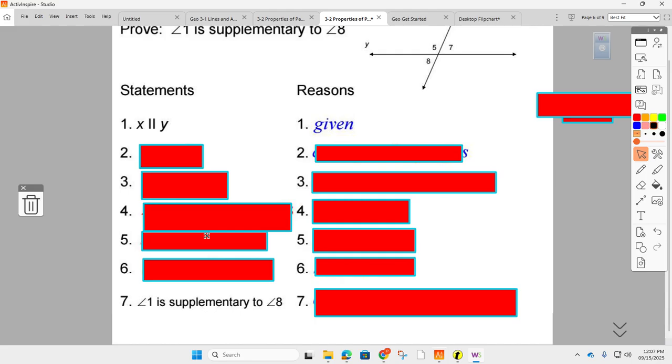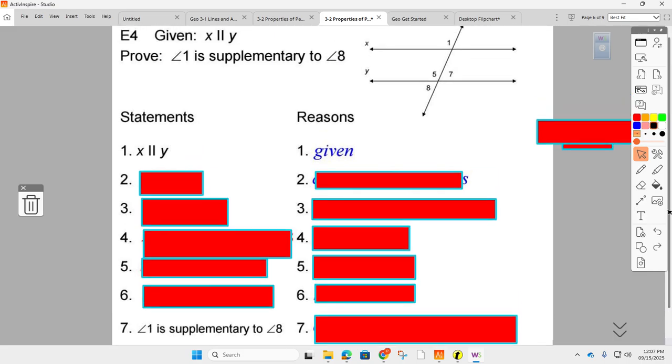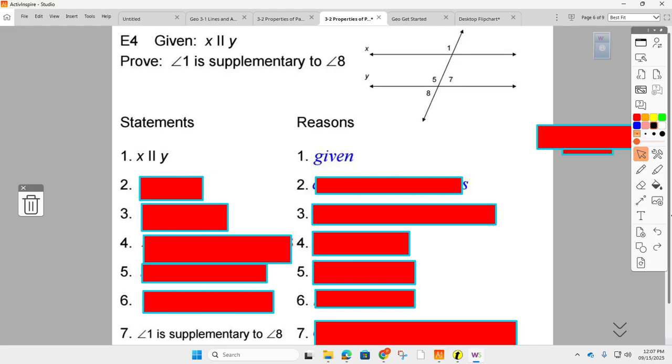And we don't know what the reason for that is. We're going to work our way to that. So we're working to prove that angle 1 here is congruent to angle 8.